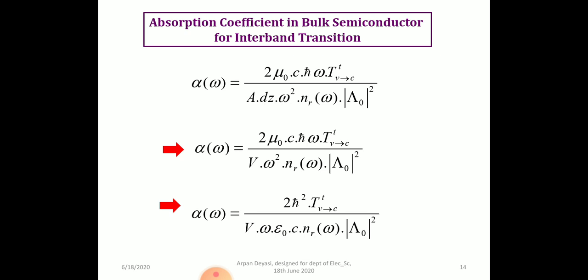So naturally I am going for the permittivity, and you may ask why you are going for permittivity instead of permeability. The answer is very simple, because we have to deal with the exciton, and once you have to deal with the exciton, naturally you require the electrical permittivity, the relative permittivity of the materials.